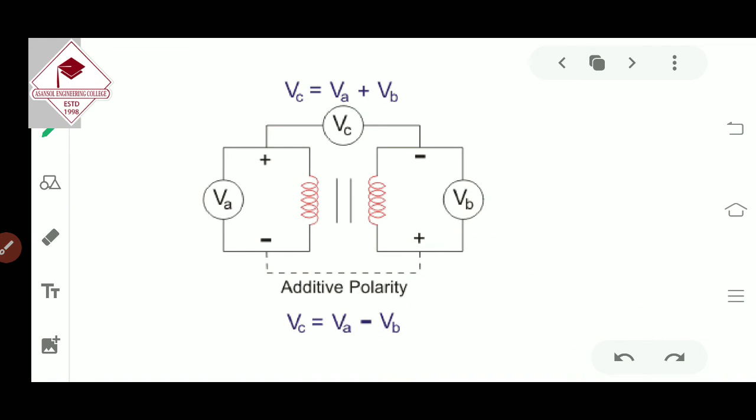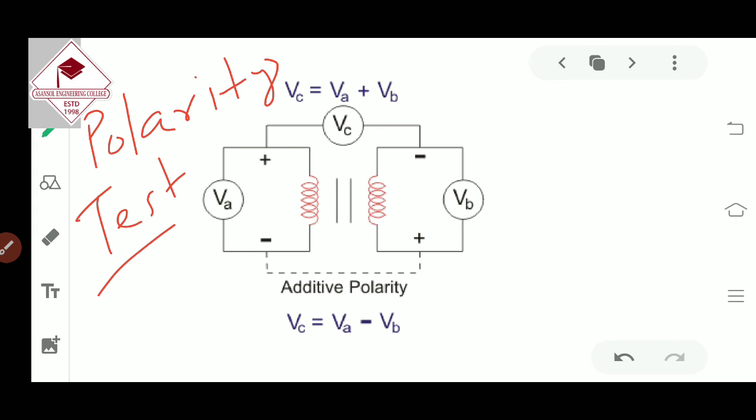Okay, let us see what is polarity test for a transformer and why this test is done. See here, for the primary winding these are 2 terminals, and for the secondary winding these are the 2 terminals, right? So with respect to this terminal, what is the polarity of this?